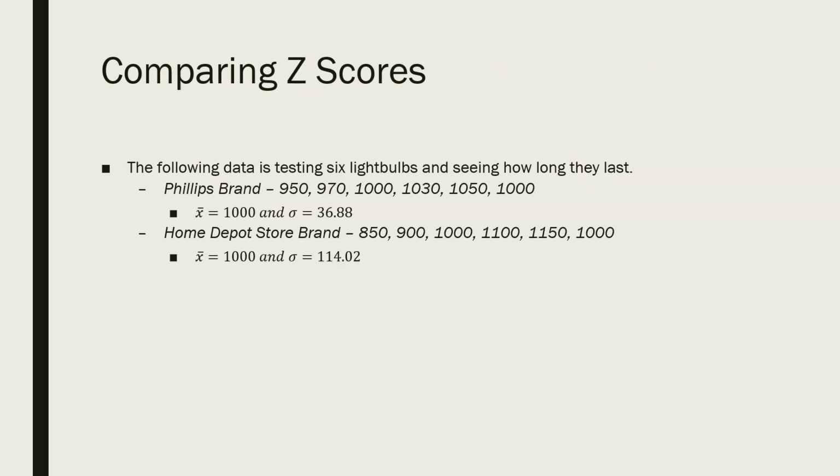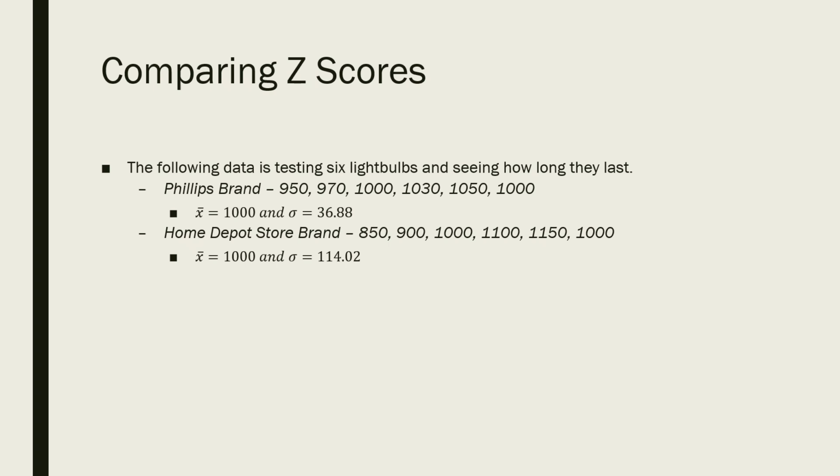So what is comparing z-scores? Well, I have the following data, which is our testing set for 6 light bulbs. We have the Philips brand and the Home Depot store brand. We have an x bar of 1000 in both cases, so they both have the same mean, but we see that the standard deviation changes.